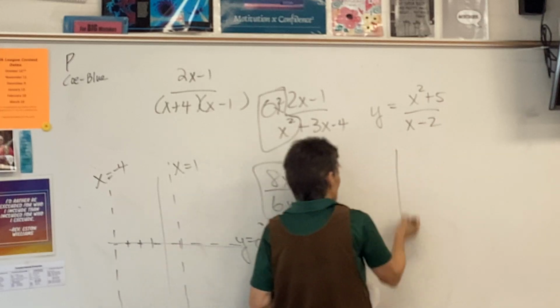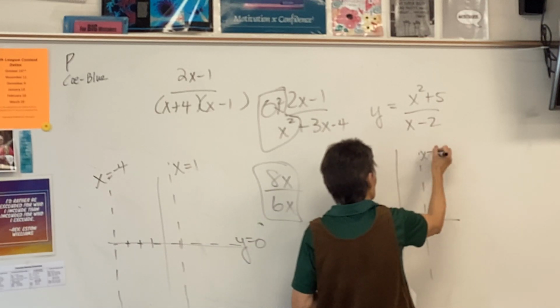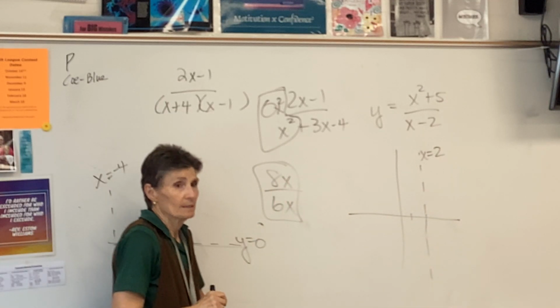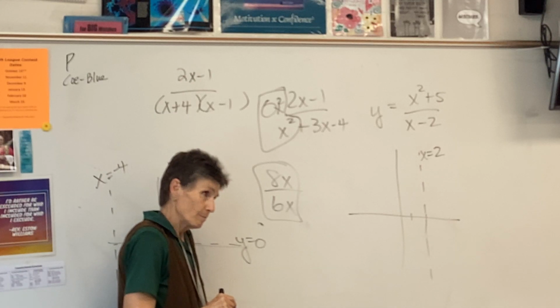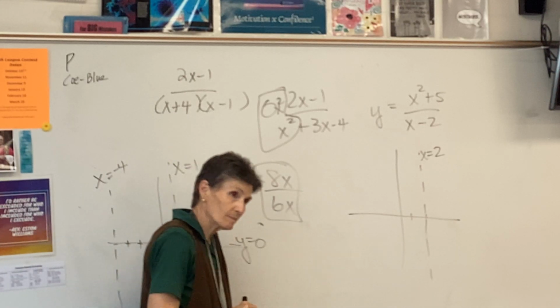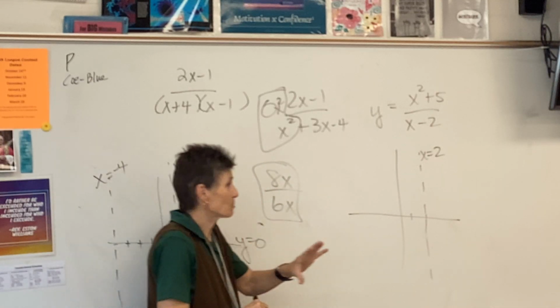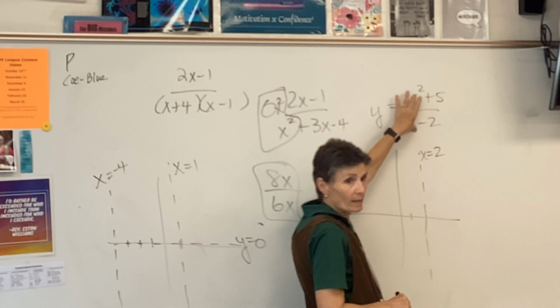First of all, where's my vertical asymptote? X equals 2. I hope you've all got this down like Brian does. Now, what about my horizontal? I have to box in the biggest power. What's my biggest power? X squared.